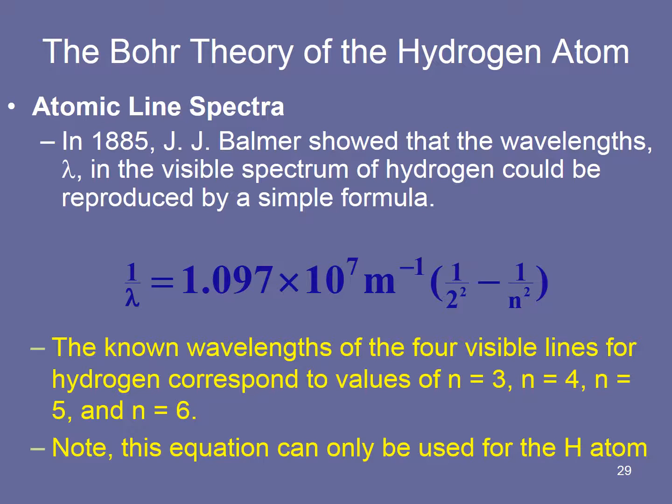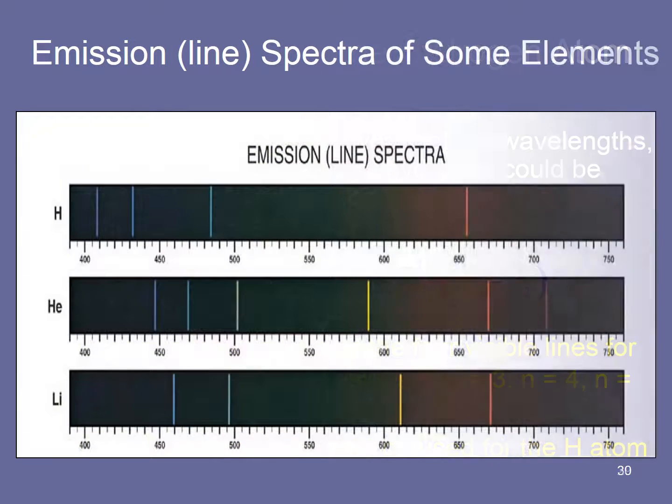If you plug 4 in and solve for wavelength, you'll get the second line. If you plug 5 in, you'll get the third line. If you plug 6 in, you'll get the fourth line. And so he was able to see how those lines were connected to each other by one equation.